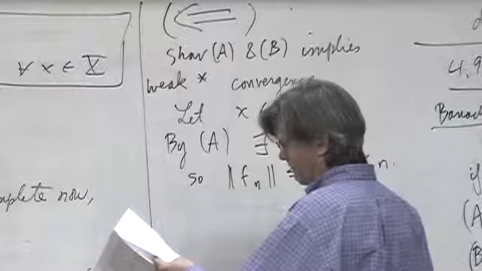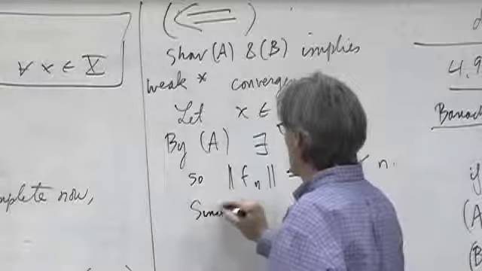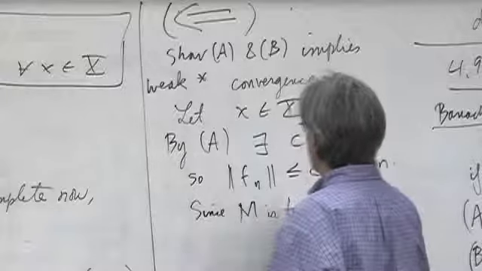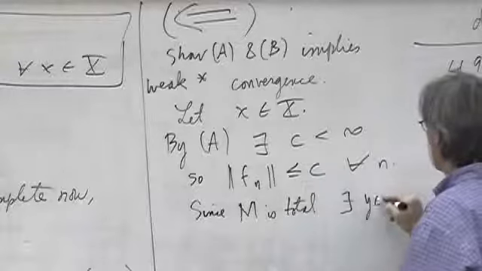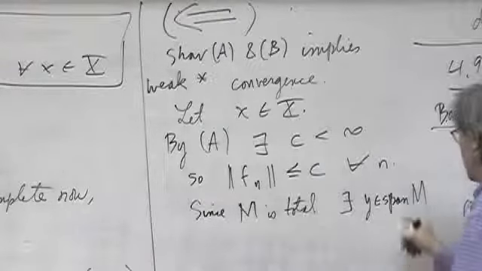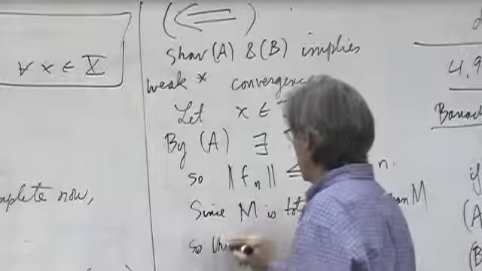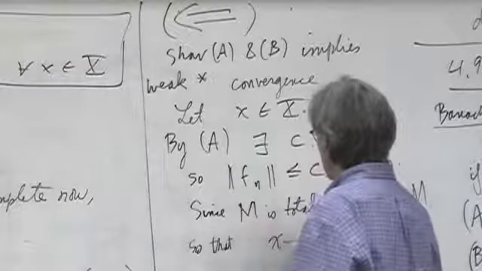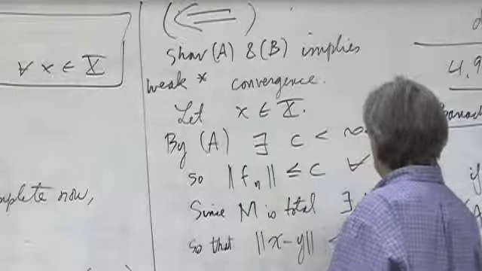And now I need that C. Since M is total, by the density of the span of M, there exists a Y in the span of M so that the norm of X minus Y is less than epsilon over 3C.